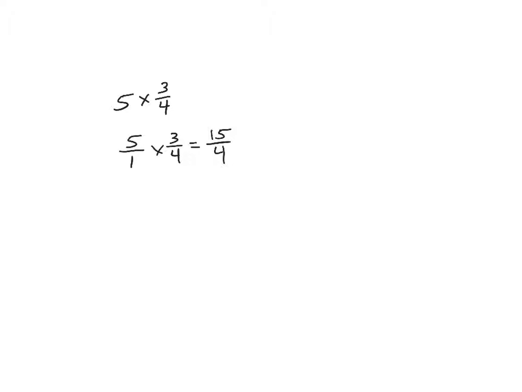But I want to caution you. You cannot leave it as 15/4 because that is an improper fraction, since the numerator is larger than the denominator. Remember in an earlier section we talked about changing an improper fraction to a mixed number. Perhaps the most efficient way is just to divide 15 by 4. 4 goes into 15 3 times. 4 times 3 gives me 12.